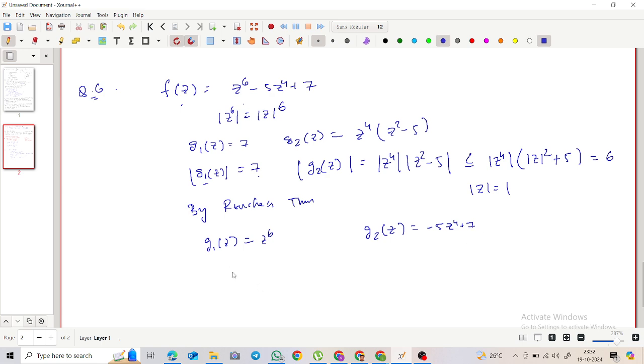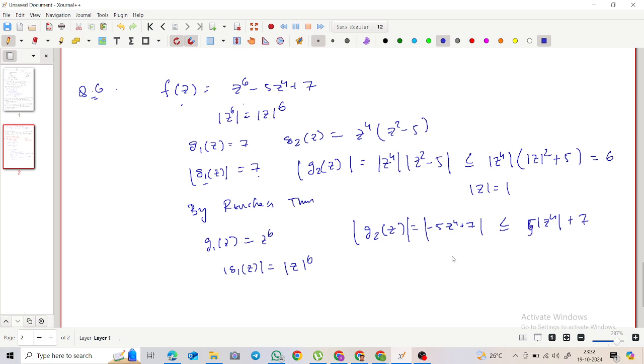If you apply mod g1 z, this is mod z whole to the power 6, and mod of the rest is less than or equal to 5 mod z to the power 4 plus 7, right?